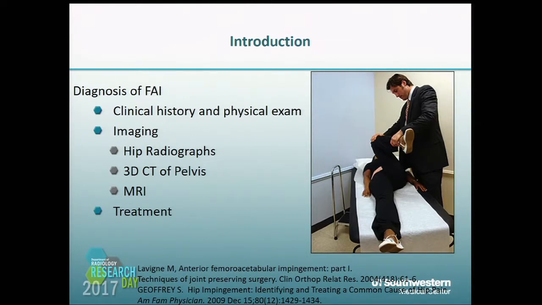Next, once they're pretty sure they're going to go on to surgical correction, they'll order more high-grade imaging, such as 3D CT of the pelvis and MR of the pelvis, which is more for preoperative planning. They can see these bony overgrowths as well as assess for cartilage and labral injury. As far as the actual treatment goes, it's femoroplasty. They basically grind down the parts of bone that are the problem and then fix the cartilage and labral injury while they're in there.